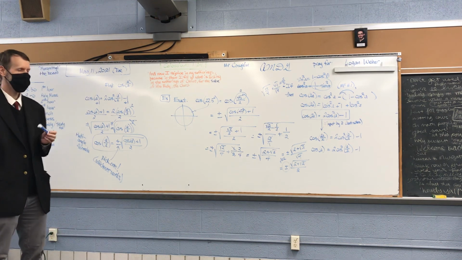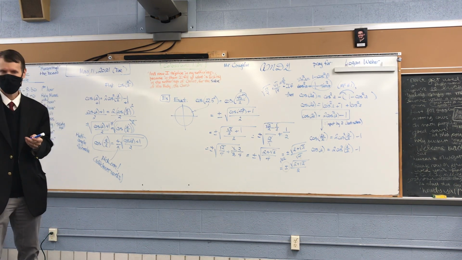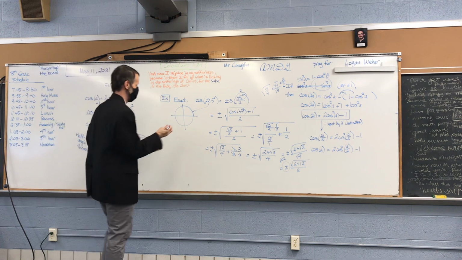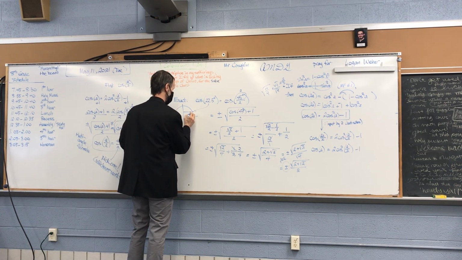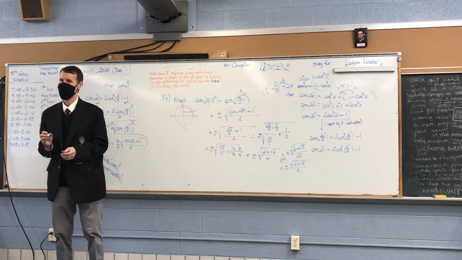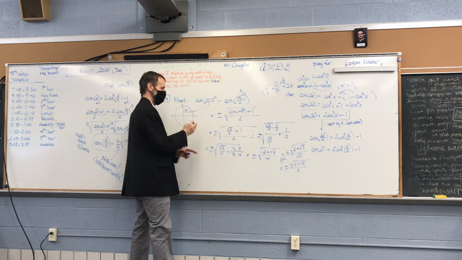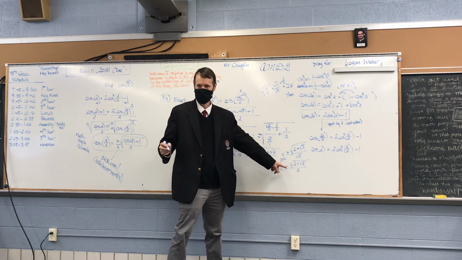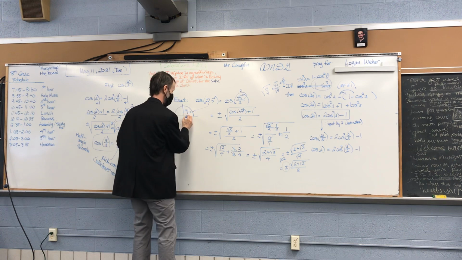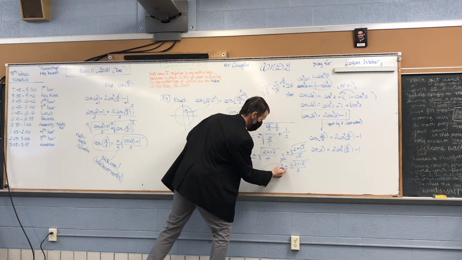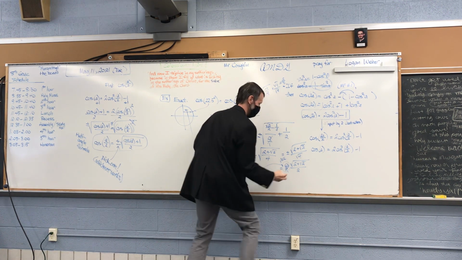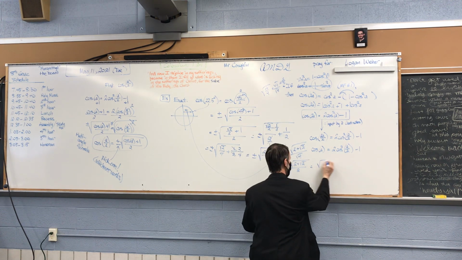Cosine. Is cosine left, right, or up, down? To the right. So in your opinion, would that be a positive answer or negative? Positive. Guess which one you picked? Plus. Yep. Throw away the negative. Your final answer is radical 2 plus radical 2 all over 2.